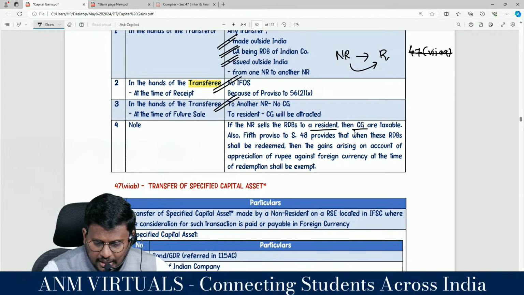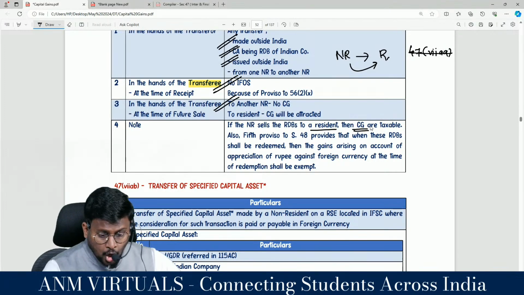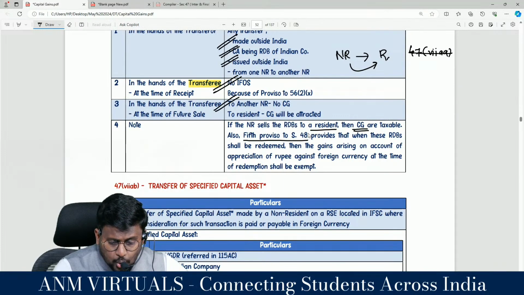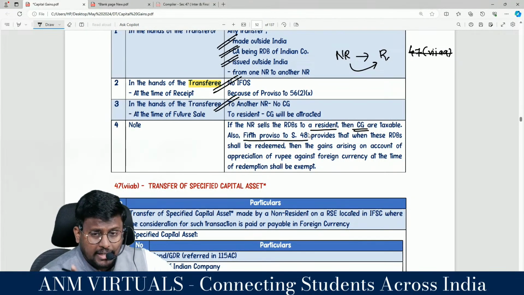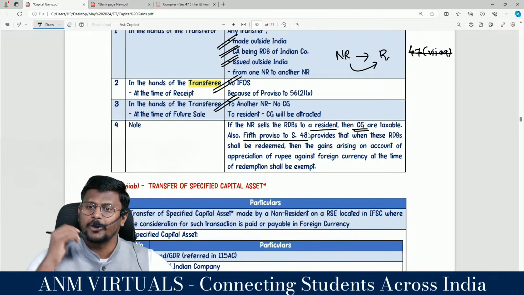Then the gains are taxable. Also, the fifth proviso to section 48, I don't know whether you remember or not, is talking about rupee denominated bonds. When you are calculating the capital gain for a rupee denominated bond, appreciation on foreign currency should be ignored.